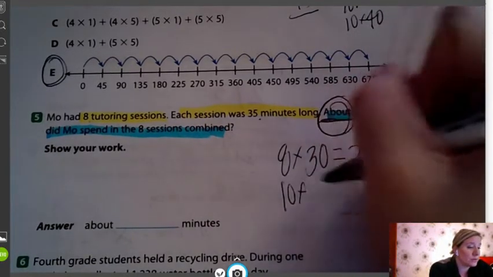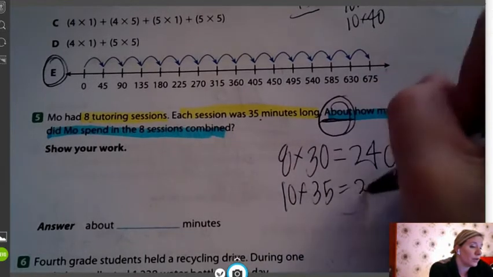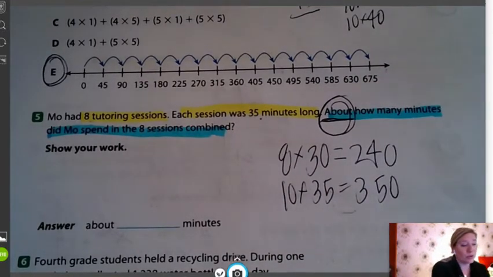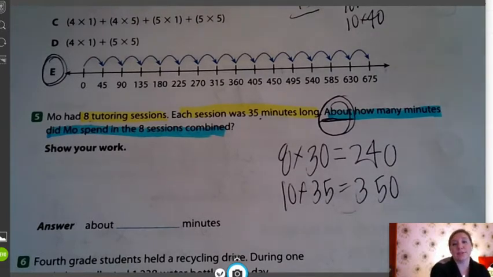You could do 10 times 35 to give you 350. As long as it's reasonable and you have a good explanation as to why you did what you did, that's great. So about how many minutes, this answer could vary based off how you did your estimation. But again, as long as it makes sense, then you're good to go.